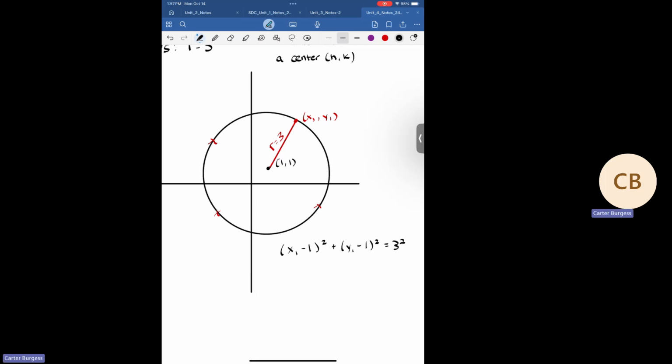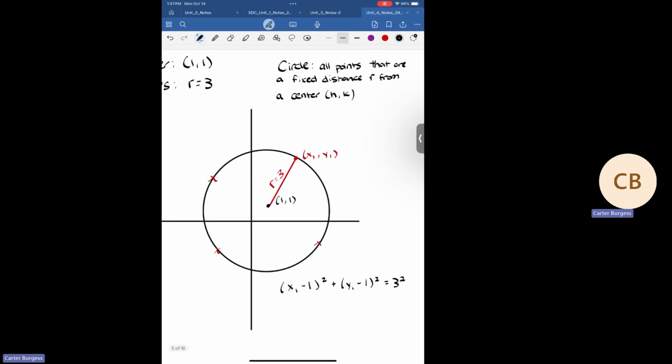Now, this is specifically to go from the center to this point on the edge of the circle. That's what the x sub 1 and the y sub 1 means. I could use an x sub 2 and a y sub 2, x sub 3, y sub 3, x sub 4, y sub 4, x sub a billion, y sub a billion to denote a billion individual points. But our definition for our circle is not referring to a specific distance between one particular point and the center.